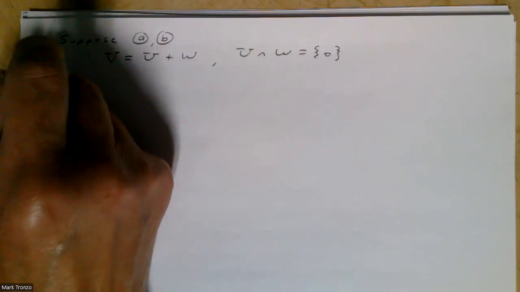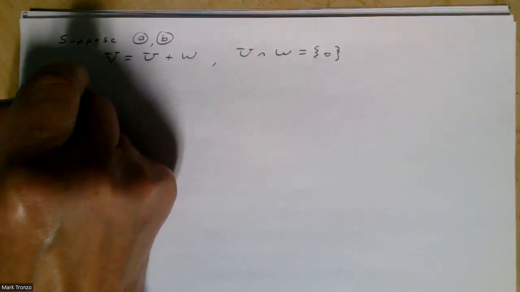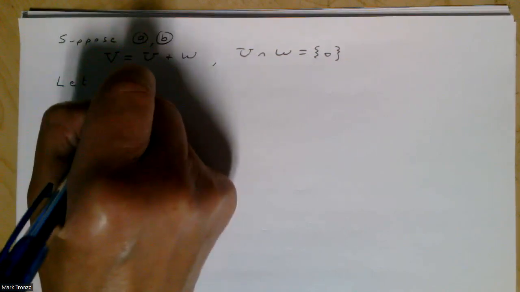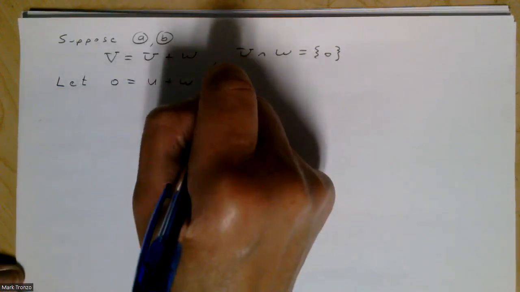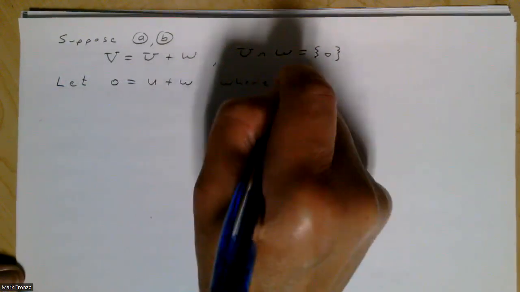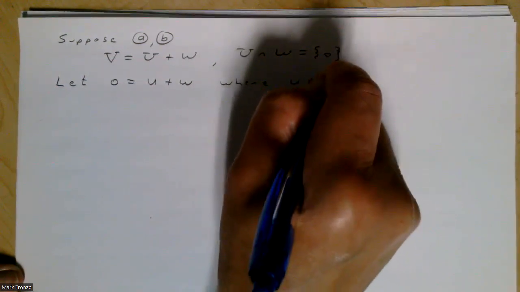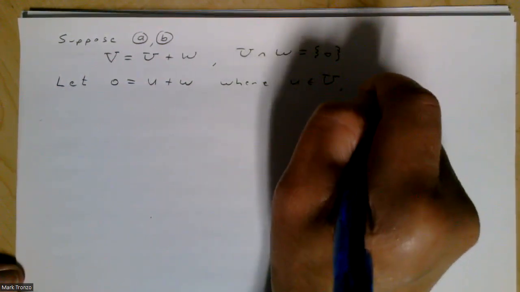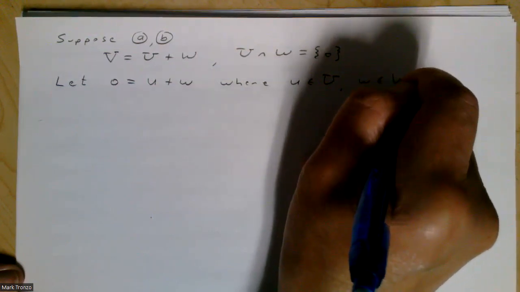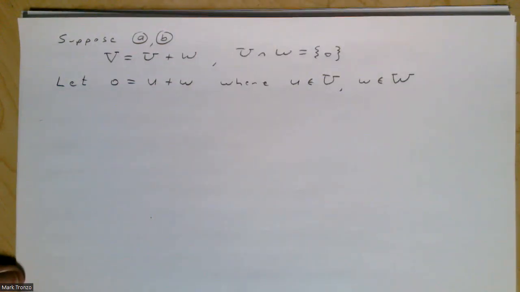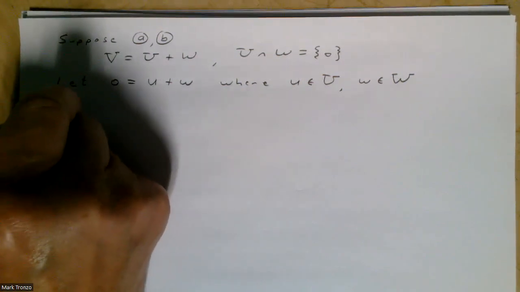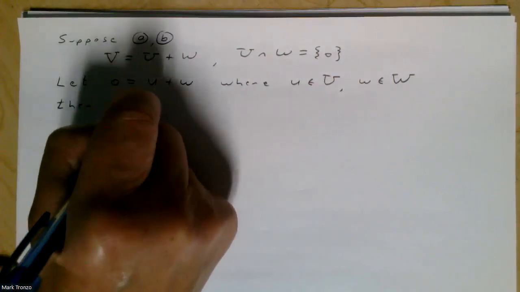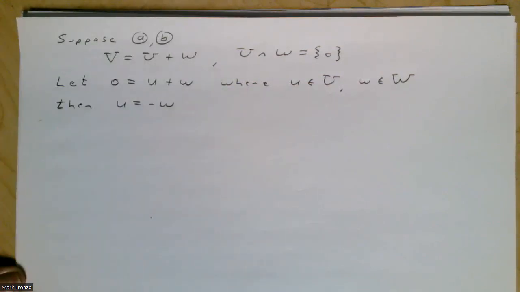So first of all, let 0 equal u plus w, where u is in U and w is in W. Then from this, of course, this is going to imply u equals negative w.